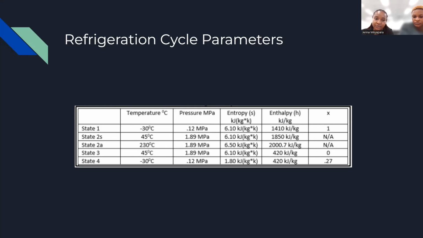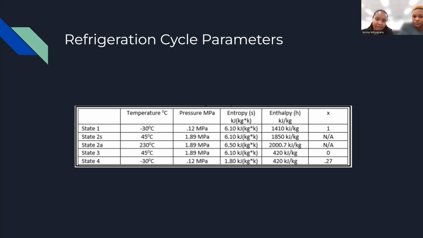Stage 4, we have negative 30 degrees Celsius. Now pressures at each stage. State 1, we have 0.12 megapascal. State 2, isentropically and actual, we'll have the constant pressure, along with state 3 as well, 1.89 megapascal. And at state 4, which is our expansion valve, we have 0.12 megapascal.